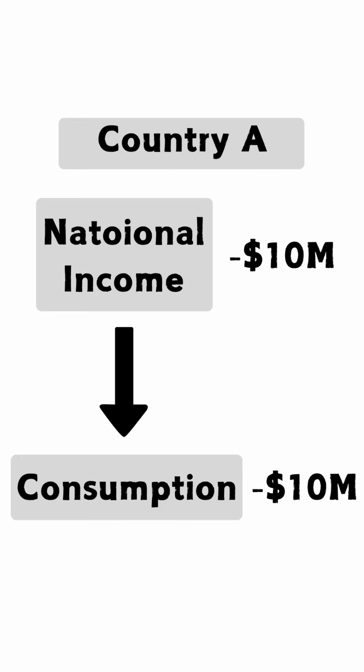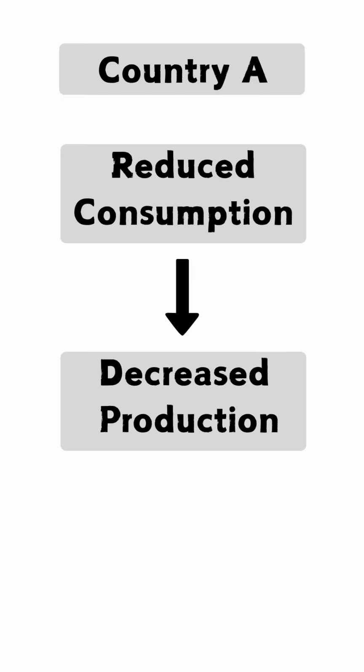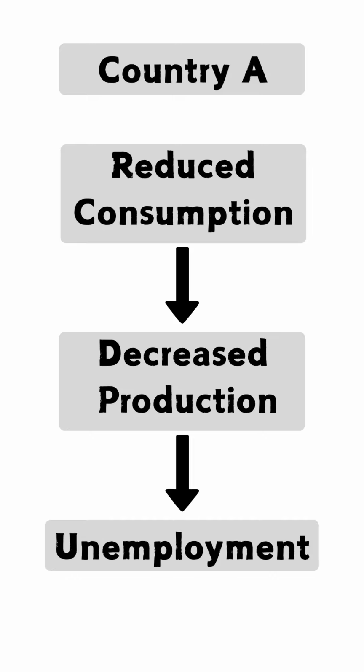Let us examine whether this action increases or decreases overall utility. After donating $10 million, country A's national income decreases by that amount, meaning its citizens must reduce consumption by $10 million. How does this reduction in consumption affect both countries? First, in country A, reduced domestic consumption leads to decreased domestic production, which in turn results in unemployment.